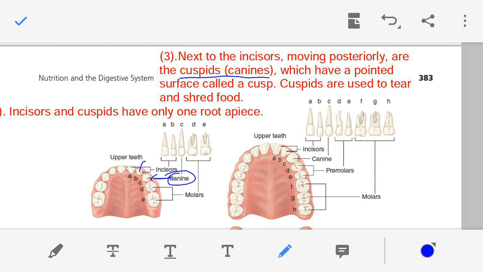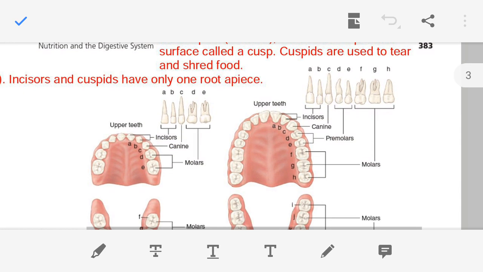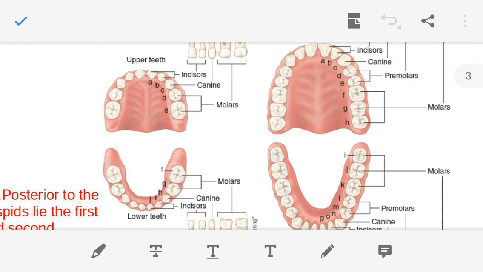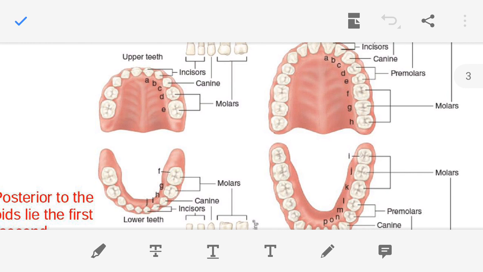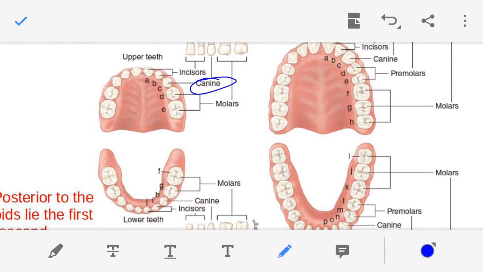This one is canine, this one is canine, this one is canine, this one is canine.